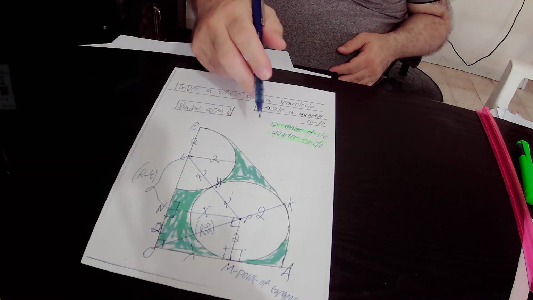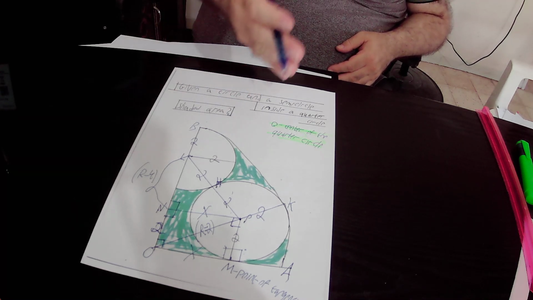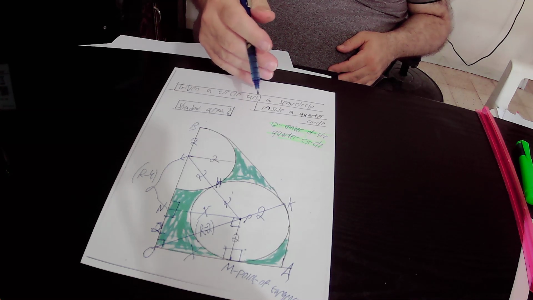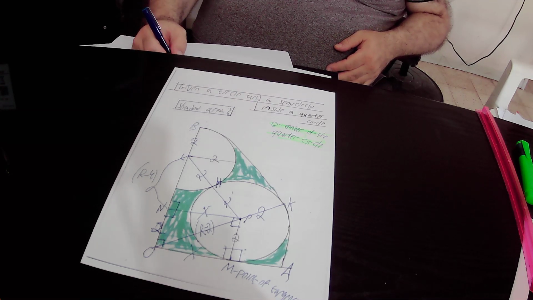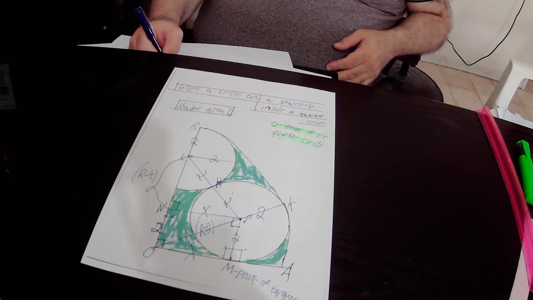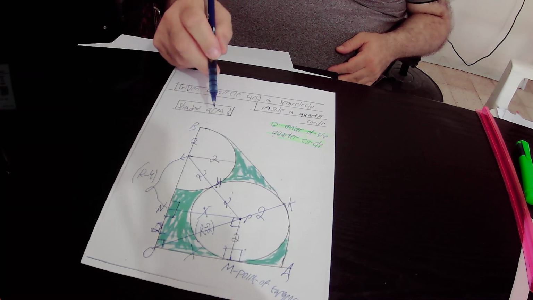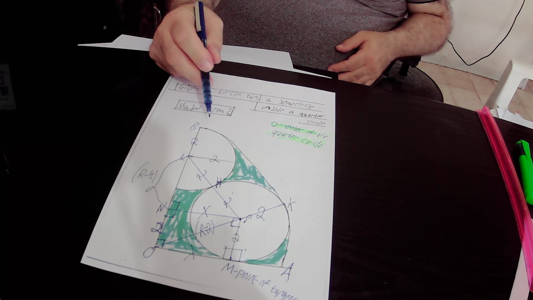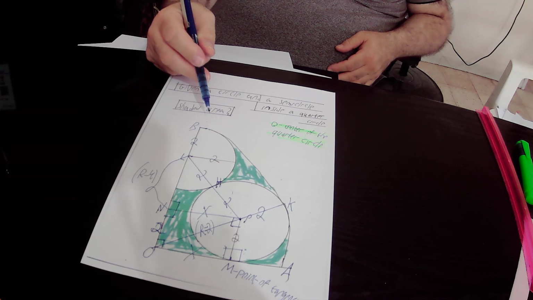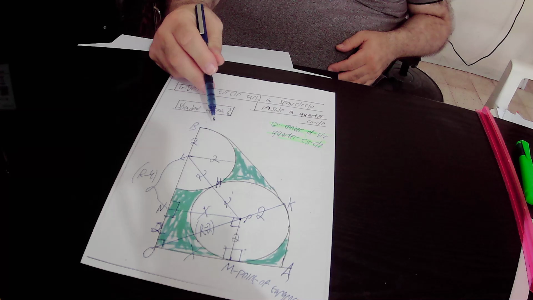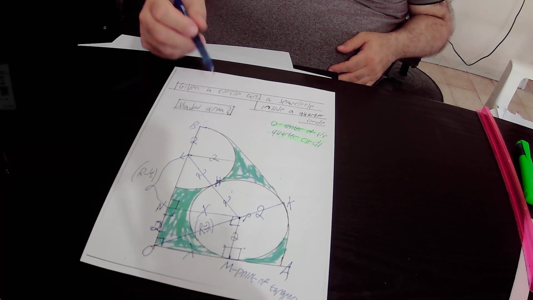We know that the area of any circle is pi r squared and r equals 2, so it will be pi 2 squared. This is the area of the circle, pi 2 squared, minus the area of the semicircle, that will be equal to the area of the circle over 2. And the area of the circle is pi r squared, and r equals 2, so it is pi 2 squared over 2.